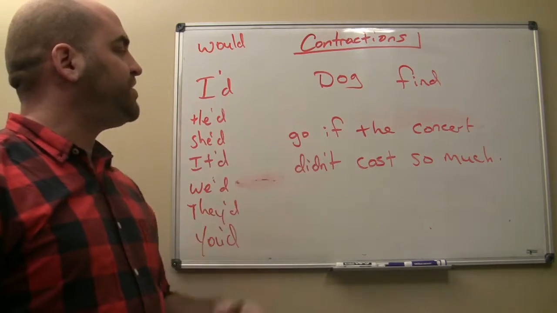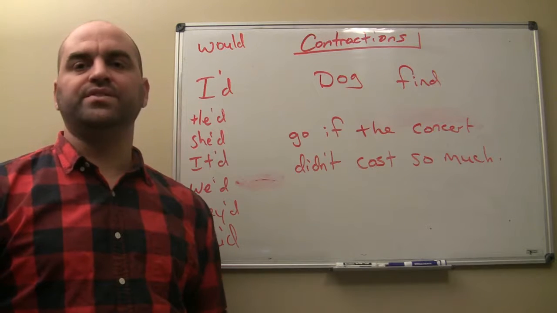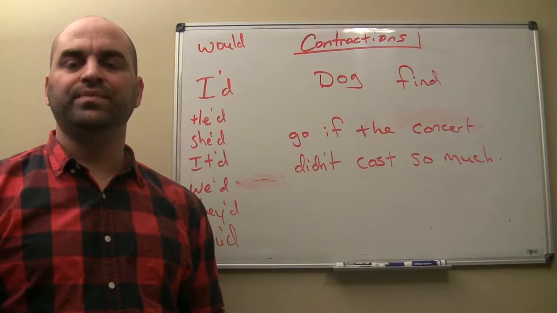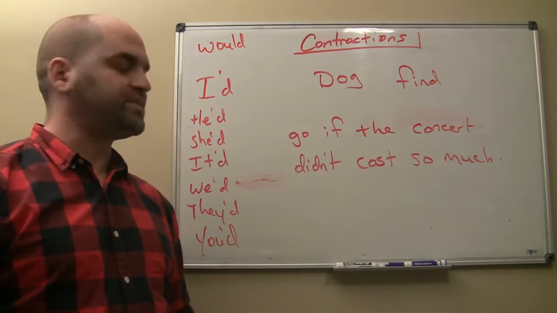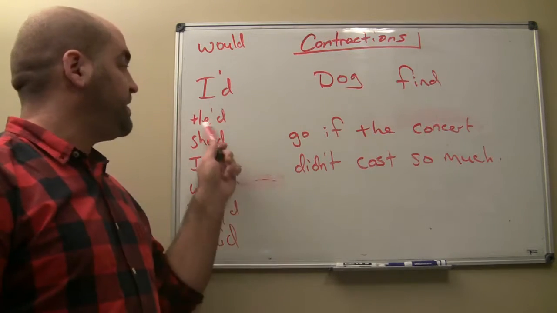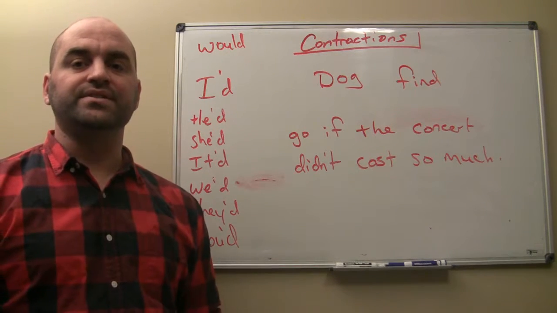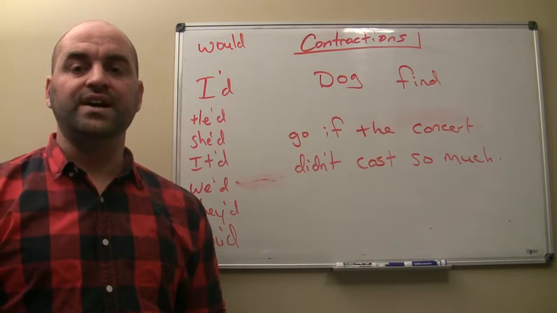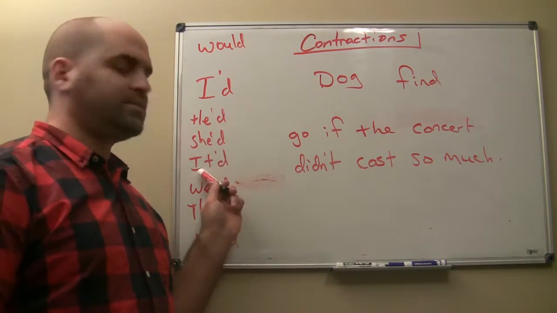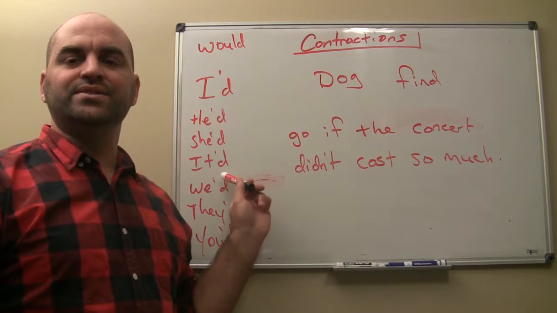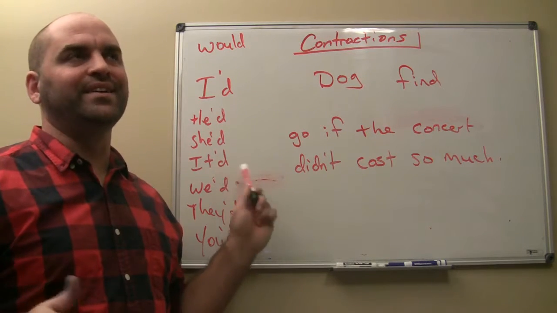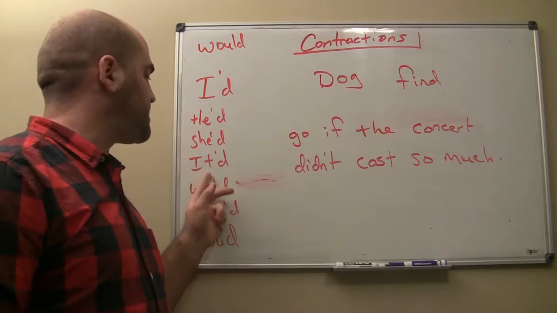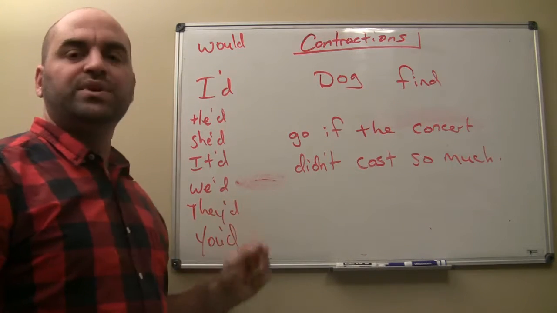For example, I'd go if the concert didn't cost so much. He'd go if the concert didn't cost so much. She'd go if the concert didn't cost so much. That doesn't make any sense unless you're talking about a dog. I guess the dog still wouldn't make any sense, so we'll skip that. Next one is we'd.